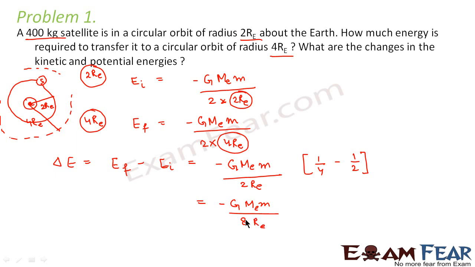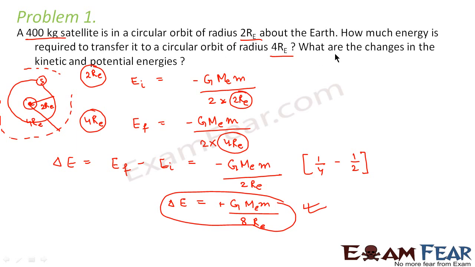I'm sorry, it is plus. So this is the value of the change in energy. That means this much energy is required to transfer the orbit from a radius of 2 RE to a radius of 4 RE. So the first part of the question is solved.